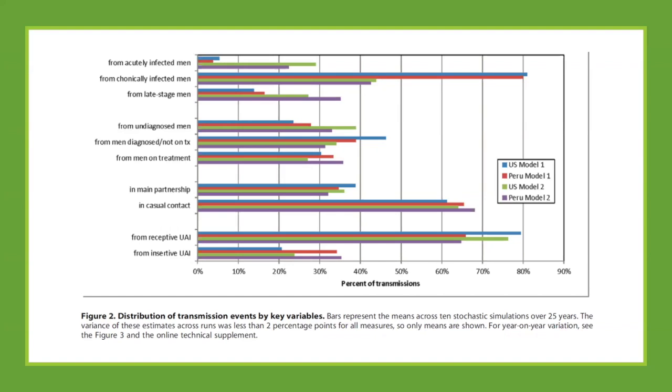And I don't want to downplay acute infection relative to the percent of infected men who are in the acute stage. This is still very large, right? It's much higher risk per person. But if we're talking ending the epidemic, right, even in the worst case scenario, we're going to have to pay attention to transmissions from the chronically infected but unsuppressed, right? Because that's still 40% of transmissions.